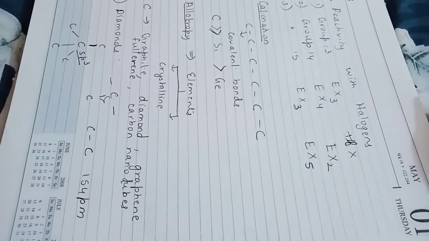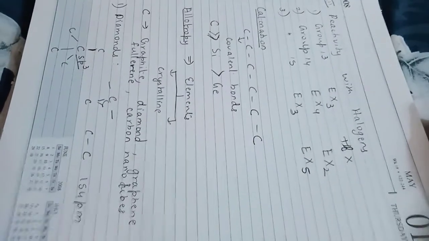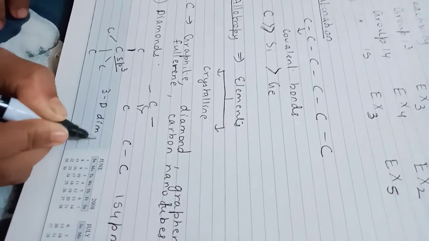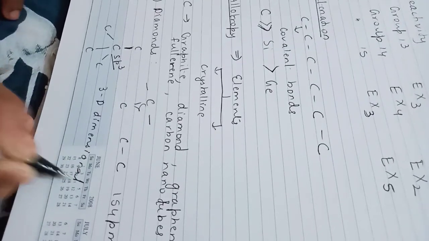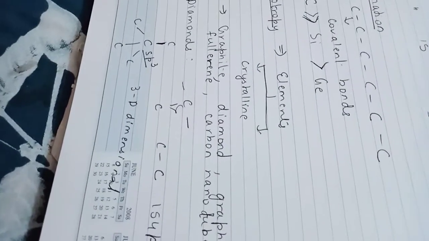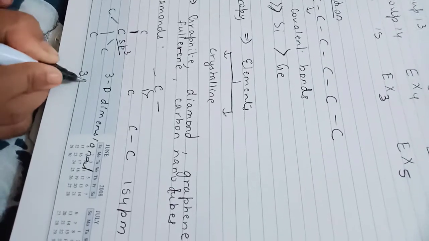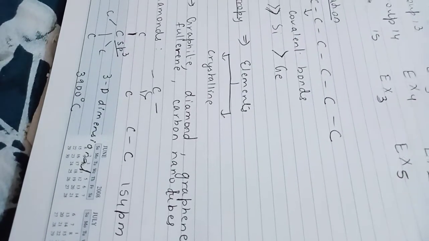The carbon-carbon bond length is 154 picometer. The tetrahedral arrangement of atoms is further linked to form a three-dimensional network, leading to a very high MP of diamond, which is almost 3900 degrees Celsius.